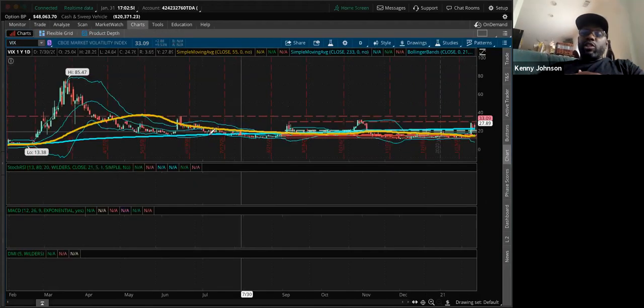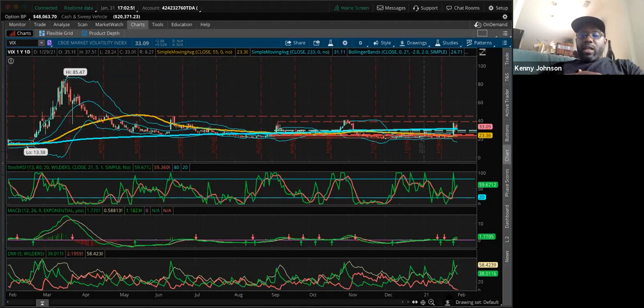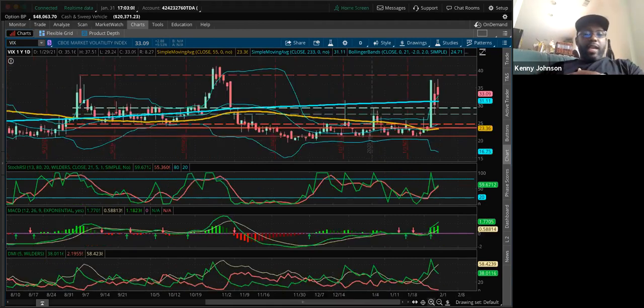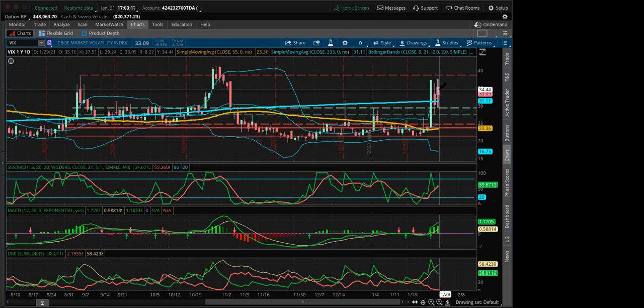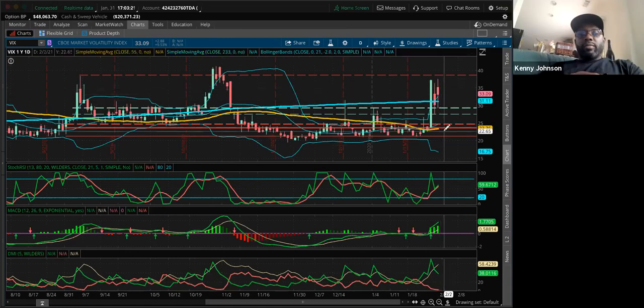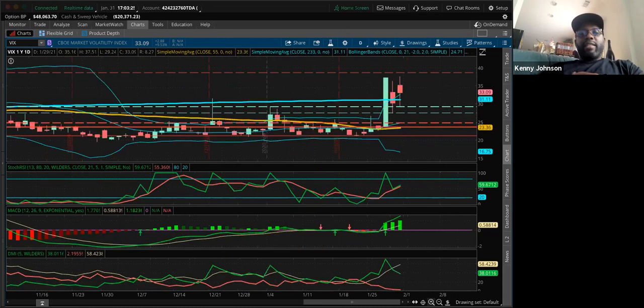The VIX is basically the inverse of the Dow. Whenever the VIX goes up, that means the market is at a buying opportunity, right? So you want the VIX to go down, but currently the VIX is going up because we had these bad days this past couple of days.